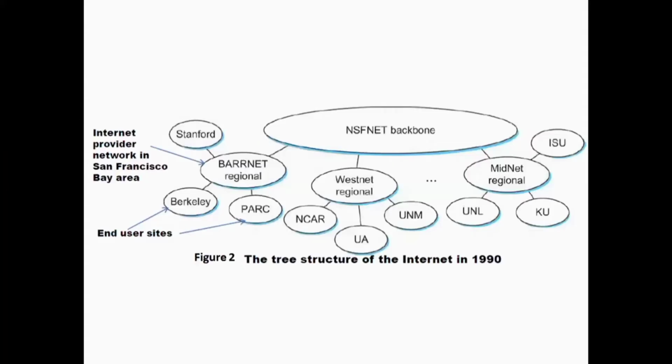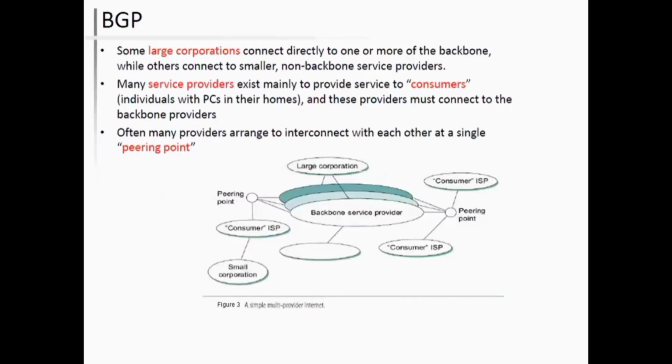Now you can see here figure 2. Figure 2 gives a simple illustration of the state of the internet in 1990. It shows the tree structure of the internet in 1990. Now here is figure 3.